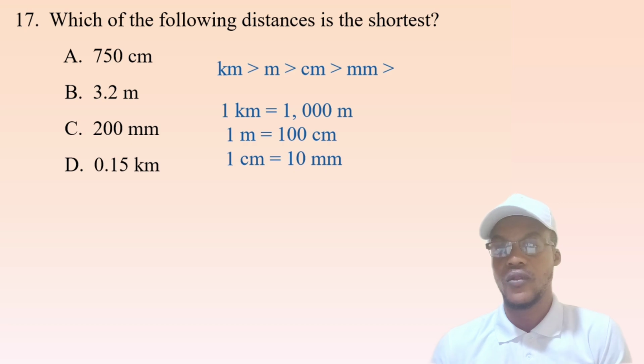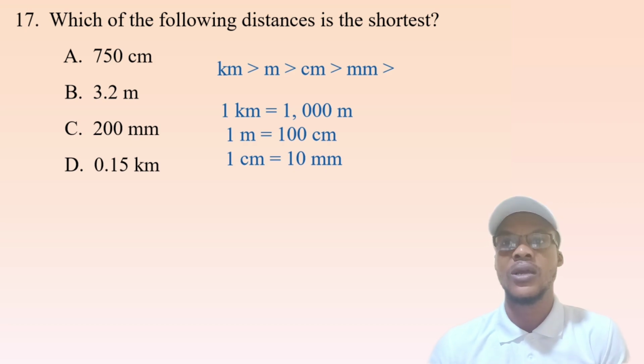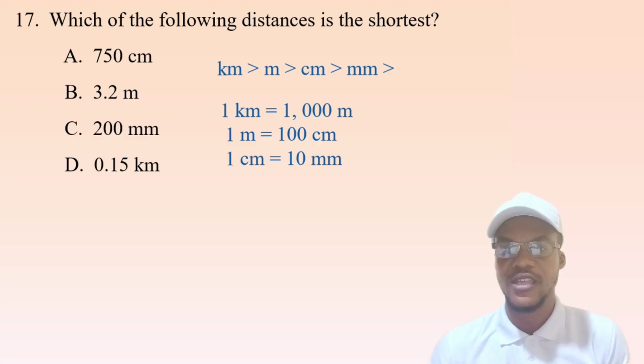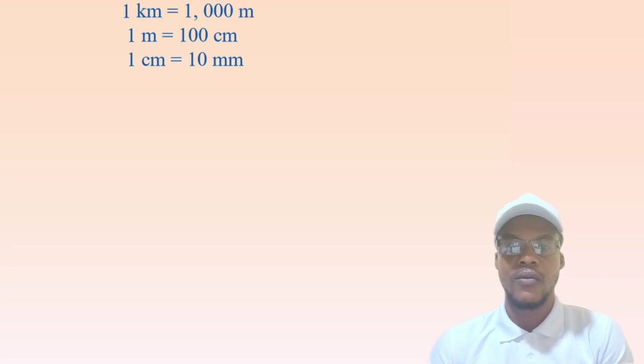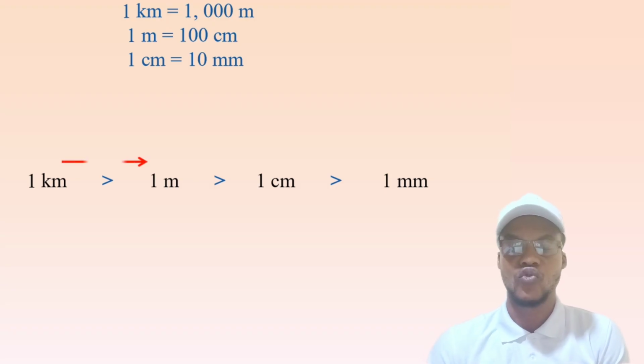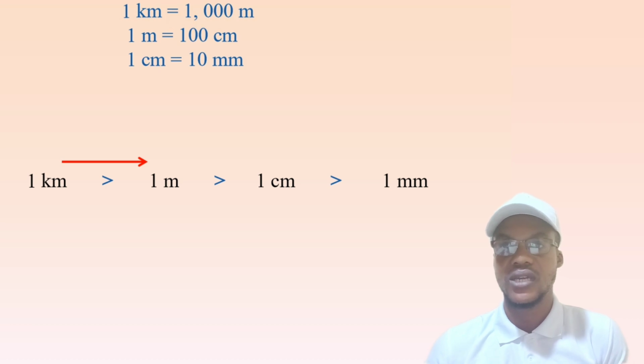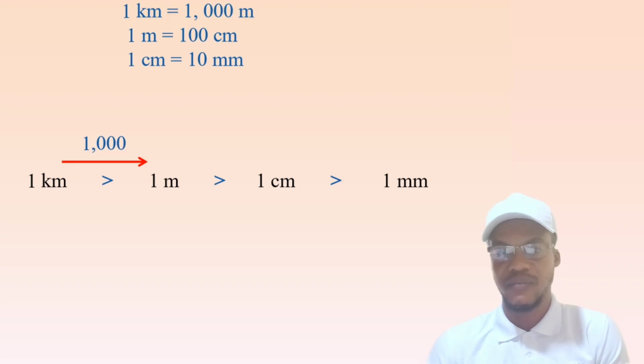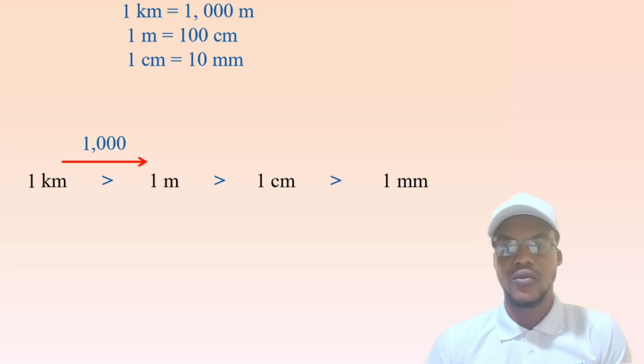But how do you do all these conversions? Let's go through how we will convert some of these units. If you take 1 kilometer, which is greater than 1 meter, then converting from kilometers to meters, I need 1000 meters to get 1 kilometer.